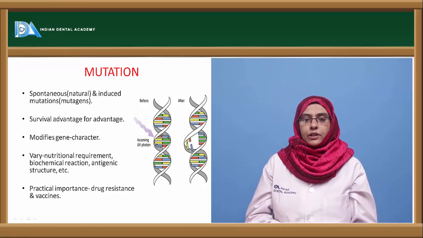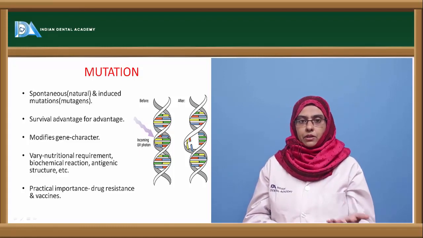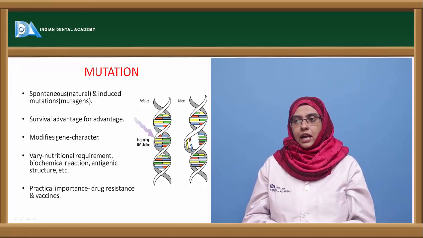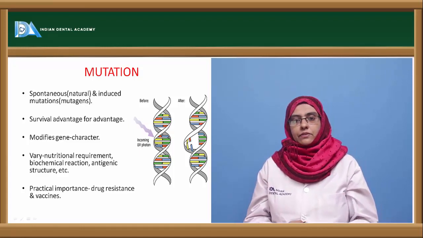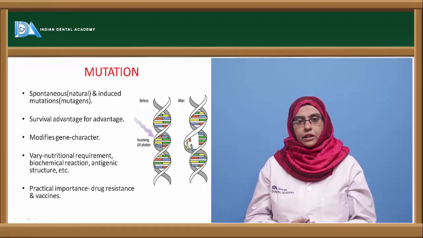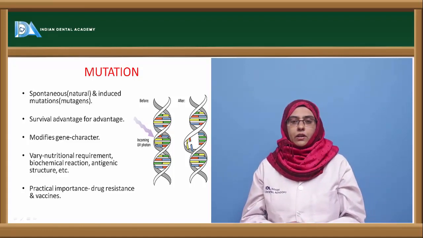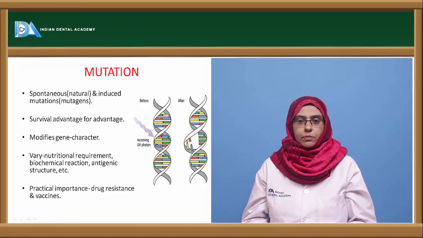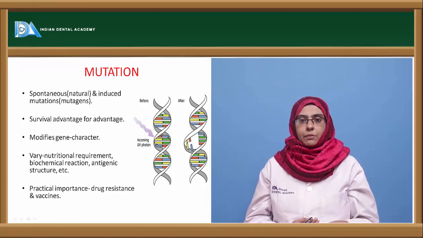But when we are using induced mutagens, we can alter the DNA molecule based upon our interest. And here, as I told you, this mutation usually gives certain properties to the organism which is called survival advantage. Take for example, the organism is resistant to streptomycin. It can survive in a patient who is on treatment with streptomycin.